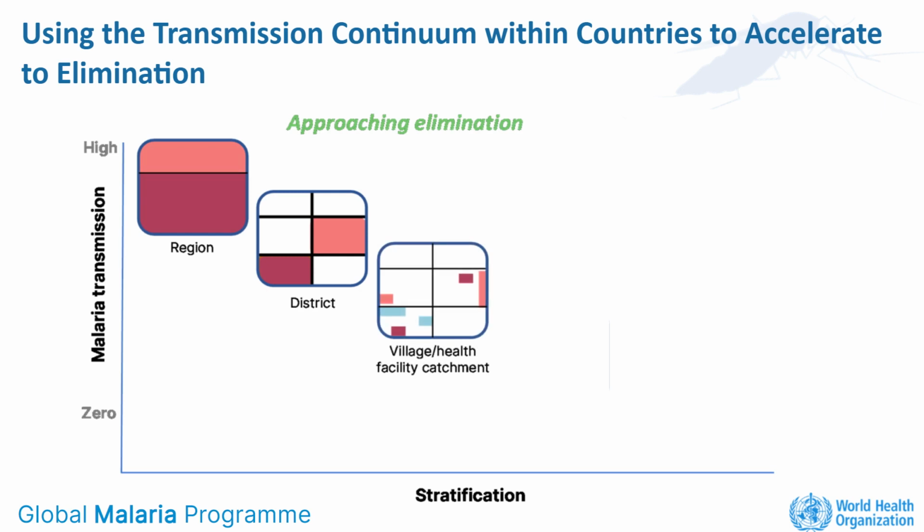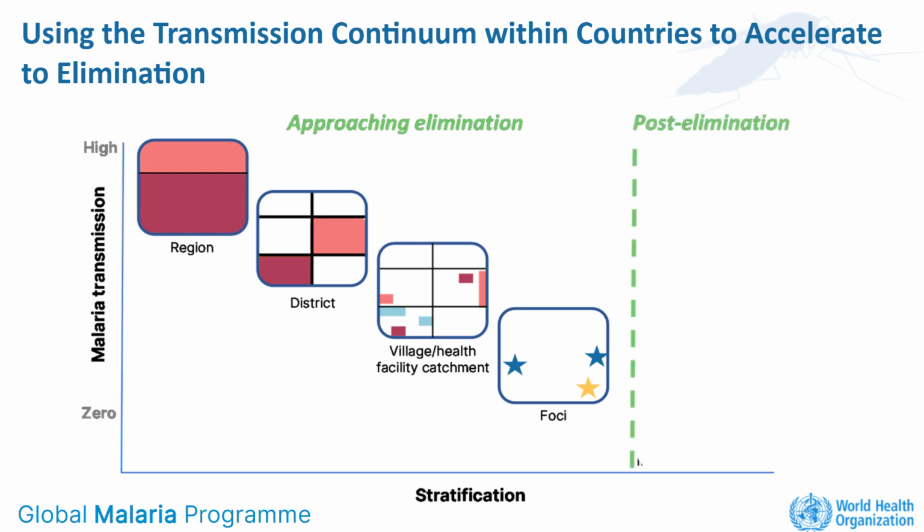At higher levels of transmission, stratification may be possible only at a regional level, but as transmission declines, the units of stratification become smaller to the point that individual foci can be stratified. Once elimination has been achieved, stratification occurs on the basis of malariogenic potential. We will review the process of stratification in detail in Unit 10.